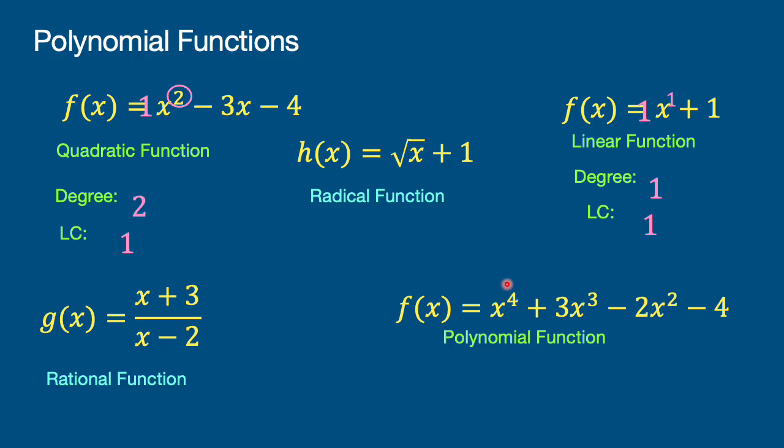Here the degree is 4 and the leading coefficient is 1. That's what we're going to study here: polynomial functions with degree 3 or 4.